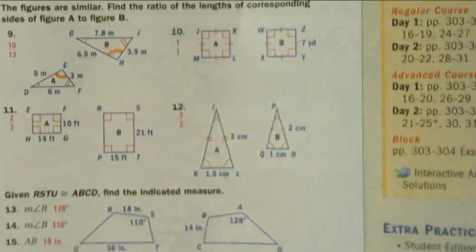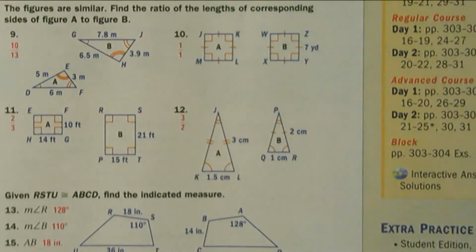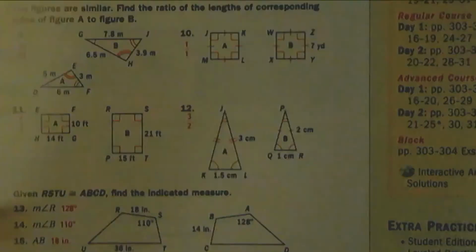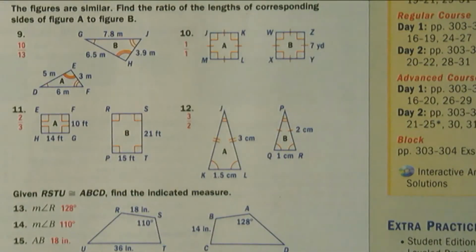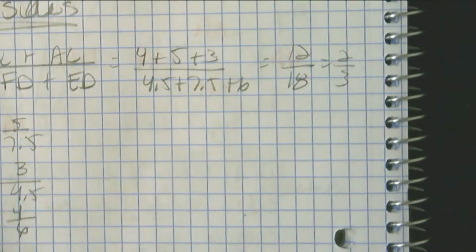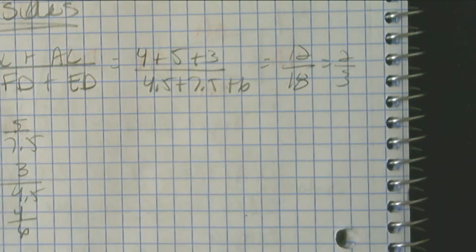Okay, we're going to talk a little bit more about that today. All right, but for us to prove that they are similar, that's when we have to look at all the ratios to see, are all the ratios the same. Can you guys understand the difference between those two? So you need to pay attention to what it is they are asking for us to do. Okay? All right, put this away, get your notes out.